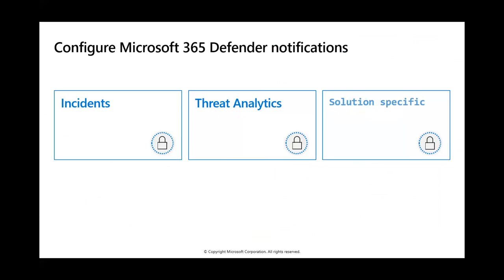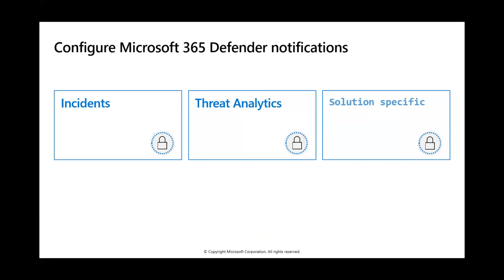We can also configure Microsoft 365 Defender for notifications. We can manage incident email notifications. To view, add, or edit the incident email notification settings for our organization, we can follow a series of steps. In the navigation pane, we select Settings and then Microsoft 365 Defender, and then we select Email notifications.